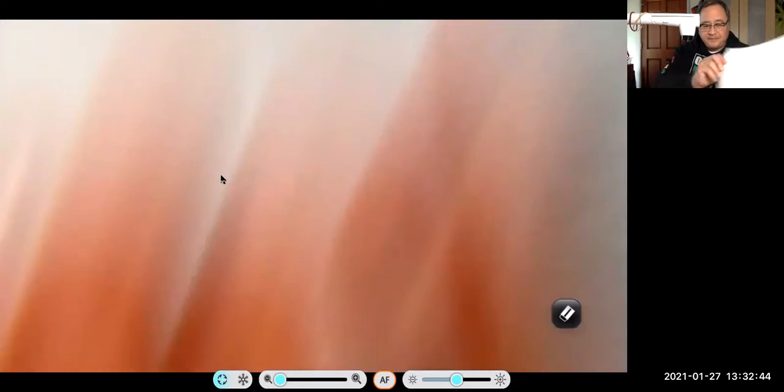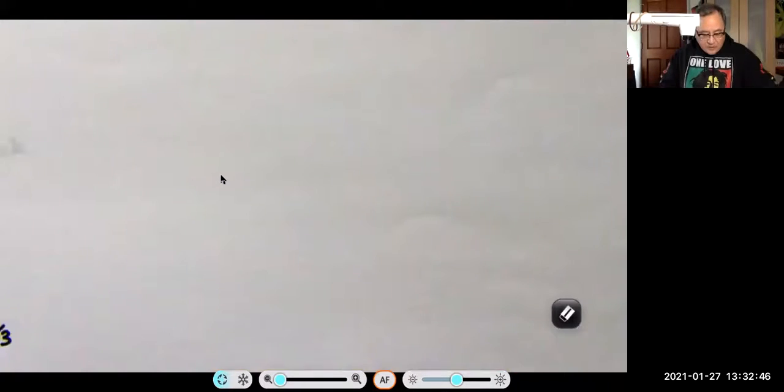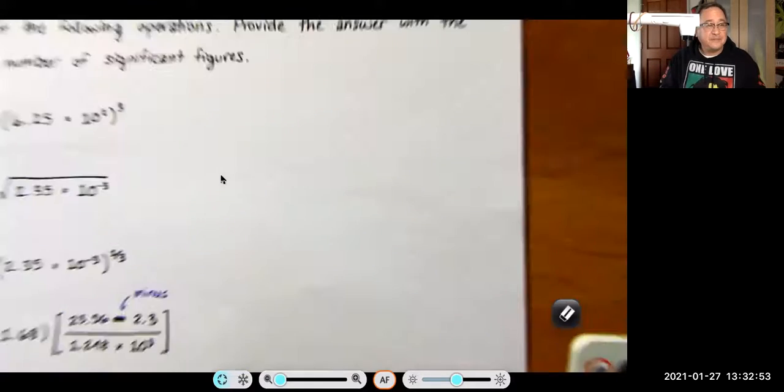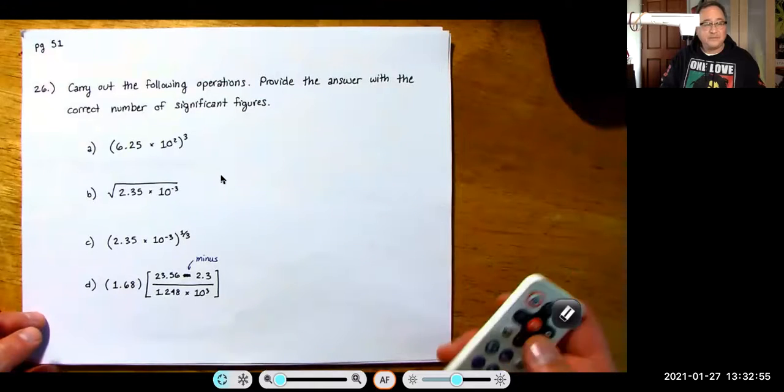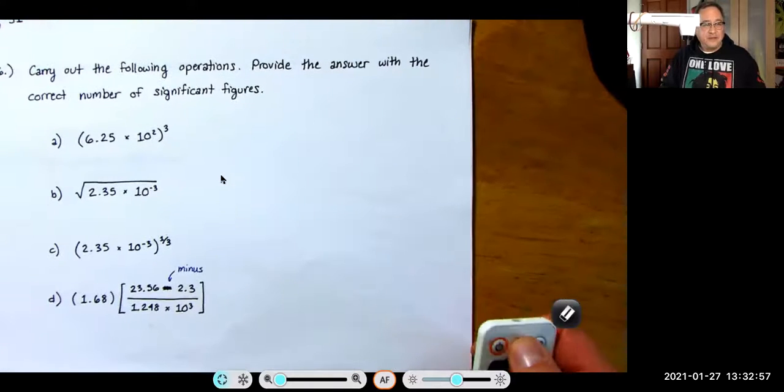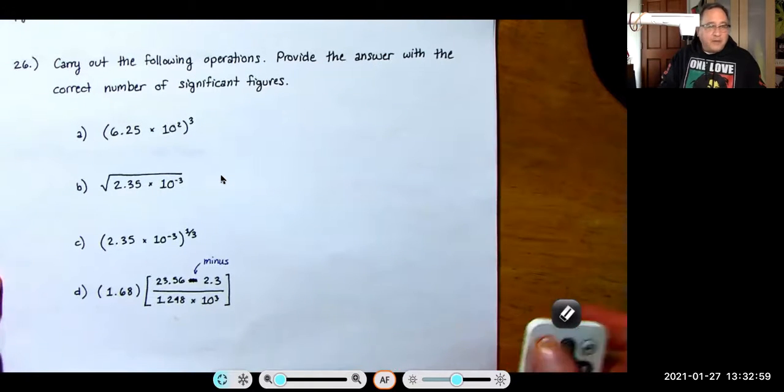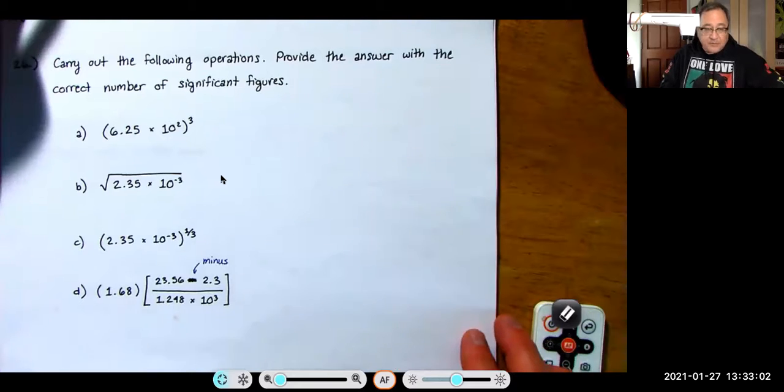So the next problem we're going to look at is number 26. And here we're going to practice the following operations. And I need to zoom out so you can see what we're looking at. So carry out the following operations, provide the answer with the correct number of significant figures.